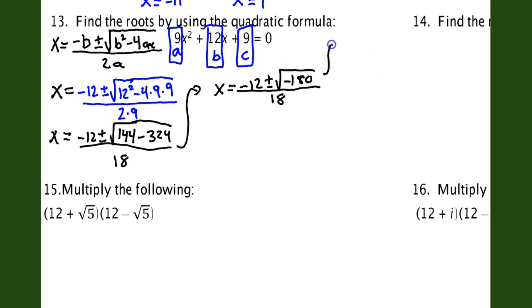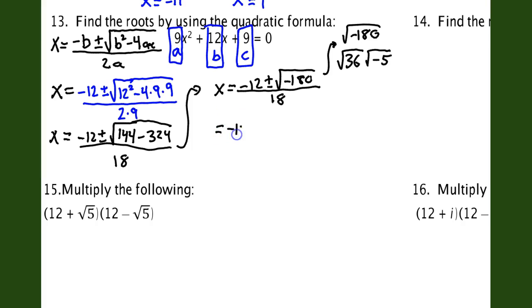So in this case, with a little bit of work, you'll find out that the square root of negative 180 is the same as 36 times negative 5, with 36 being a perfect square, meaning you can take the square root of it, and then negative 5 over here to make negative 180. And that will take a little bit of time.